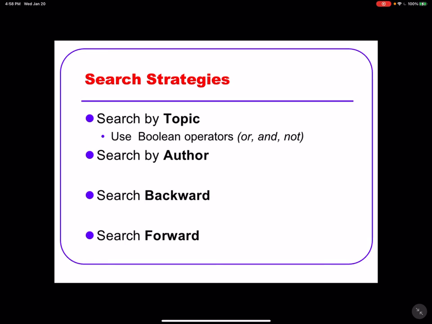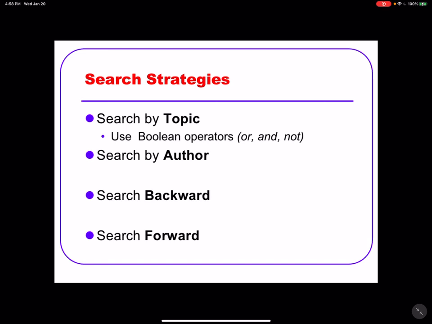Okay, so if we used cats OR dogs, it's going to give us a huge search. It's going to give us all of the articles on cats plus all of the articles on dogs plus all of the articles on cats and dogs. So that's using the OR. The OR gives us the biggest search. Anything that mentions either of those terms you get.